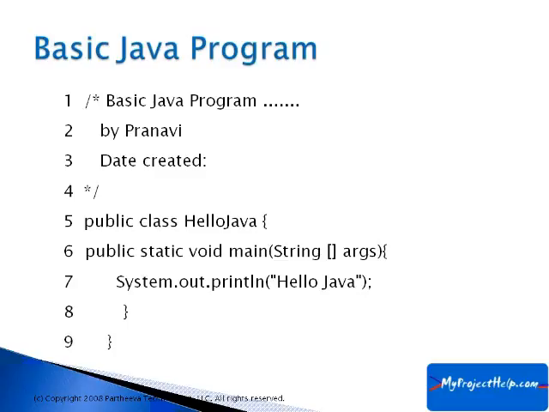Let's see what a basic Java program looks like. A basic Java program looks something like this. Lines 1 to 4, which are written in slash-asterisk and asterisk-slash, are called comments.